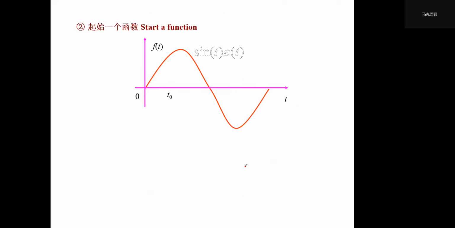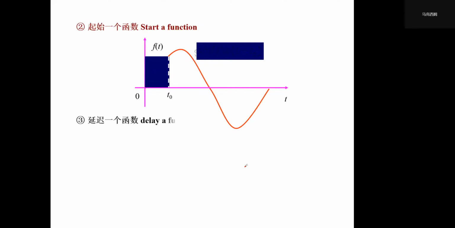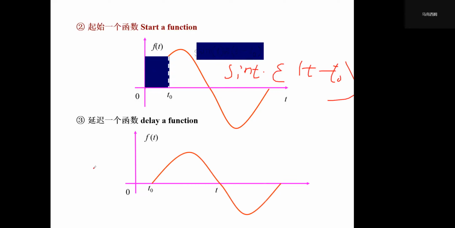So see, we have a sin t function, and if we would like to cut off some of it, we just multiply it with this step: sin t times e(t minus t0). We also use this function to delay a function.